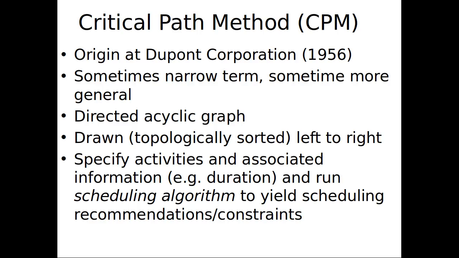There are variants of this method that go by many names: PERT scheduling, program or dependence graphs, etc. And it originated at DuPont Corporation, which is a major chemical manufacturer. Basically it consists of a representation of a project as a directed acyclic graph, a DAG.